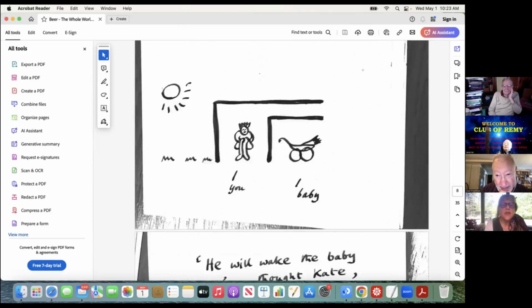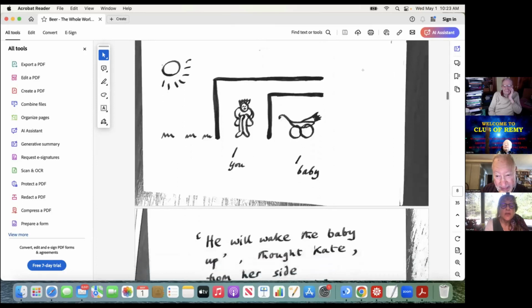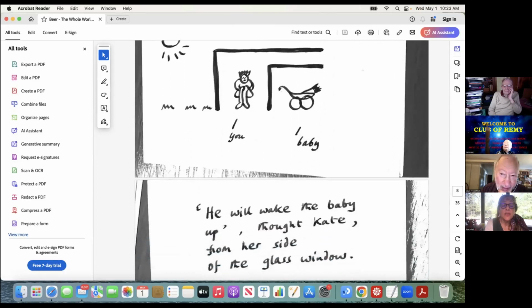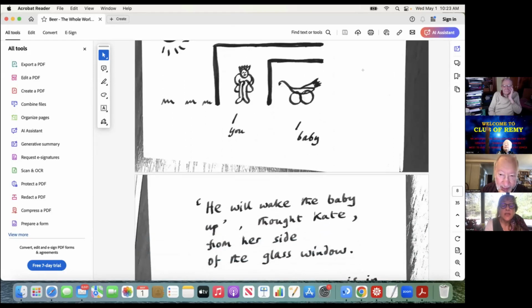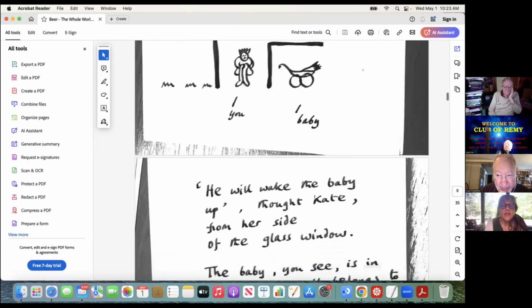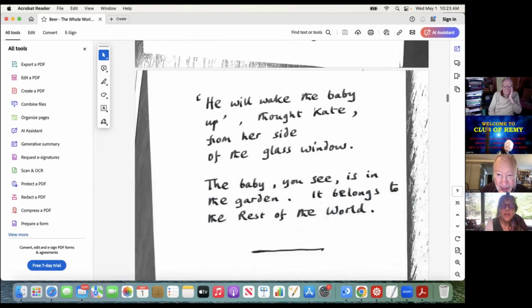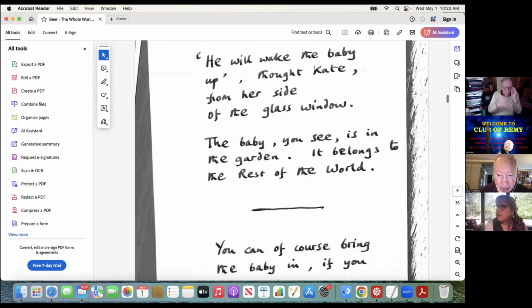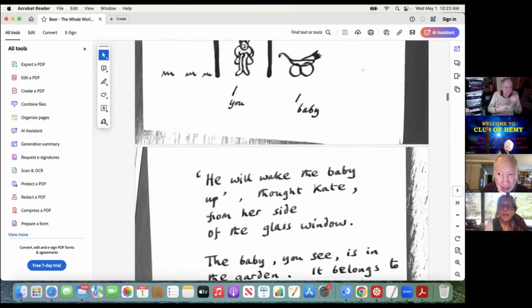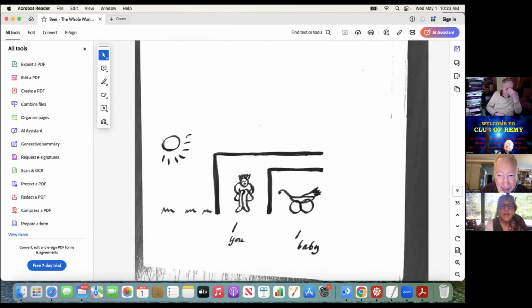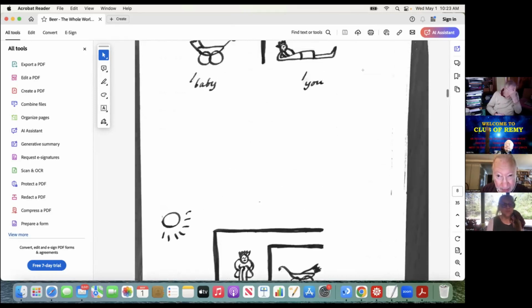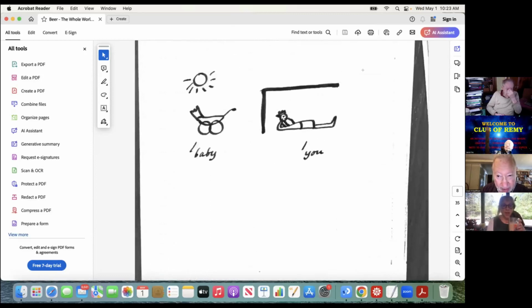Now something outside went inside. He'll wake the baby up, Kate thought, from her side of the glass window. The baby, you see, is in the garden. It belongs to the rest of the world, but it seems that the baby is also inside the house, depending on where it is or where it is in Kate's mind.